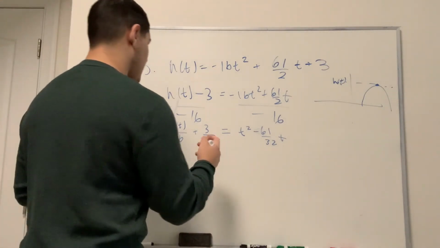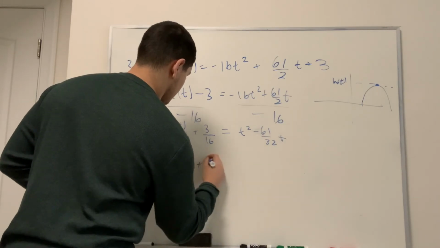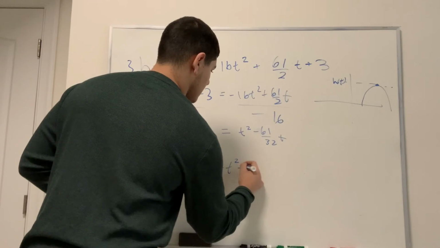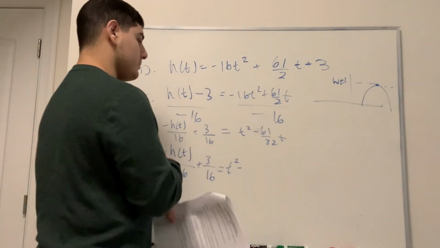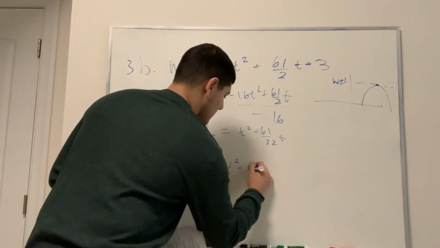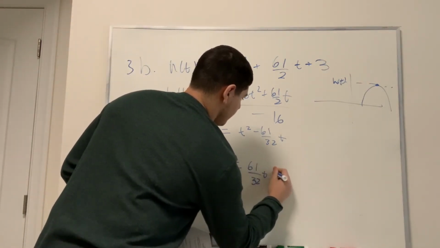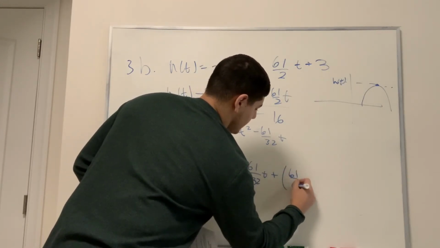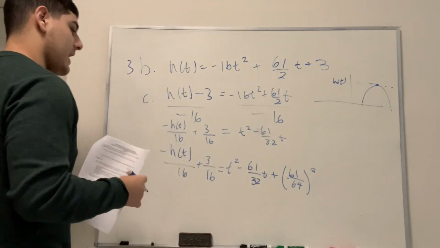Now I'm going to add to both sides. I'm going to half this, so that's negative 61 over 32 t plus 61 over 64 squared.